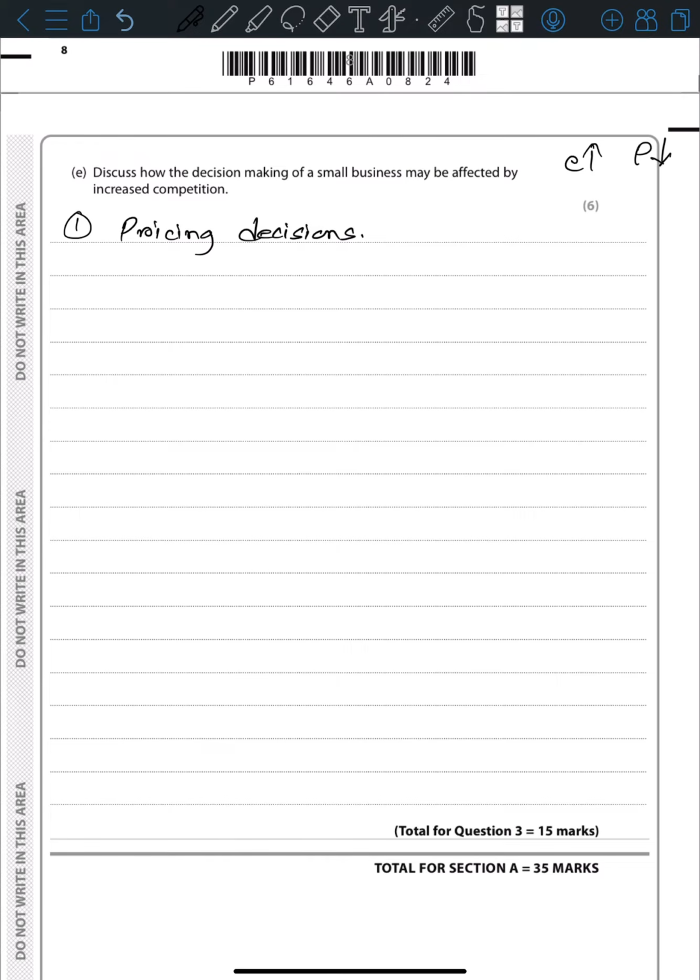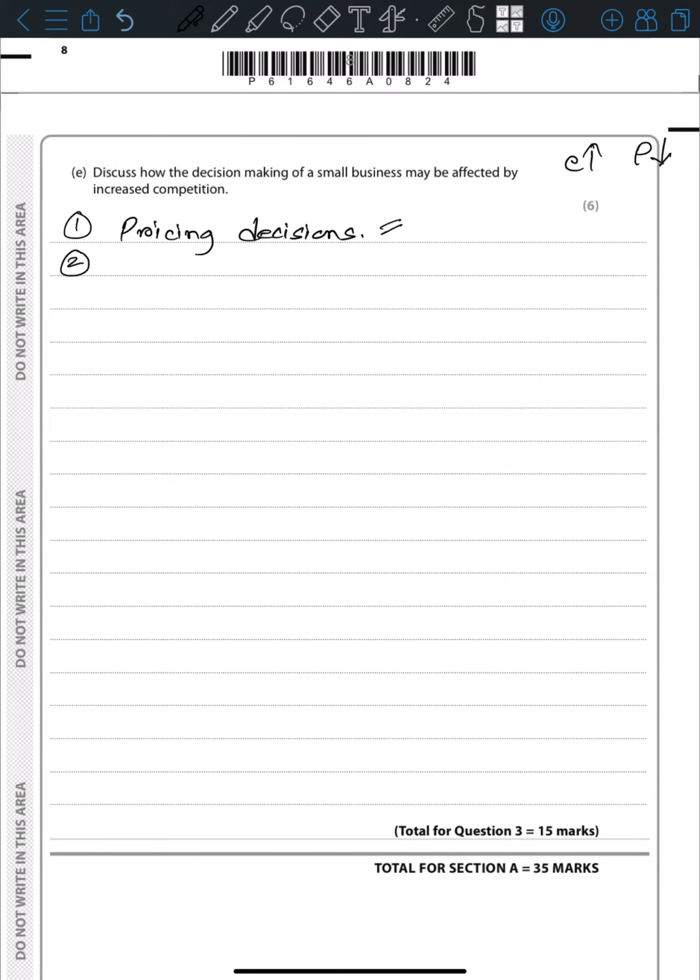The first part was identifying one way in which my decision making will change if I am faced with more competition. So how do we build on it? Basically, an increase in competition means the pricing decisions of the business will change. The business will think twice before charging a price.